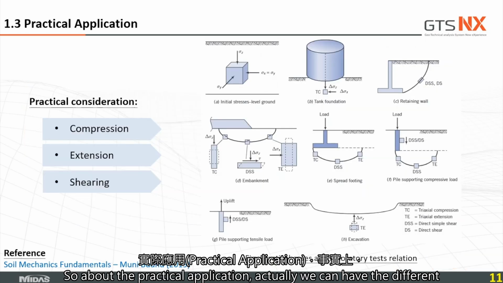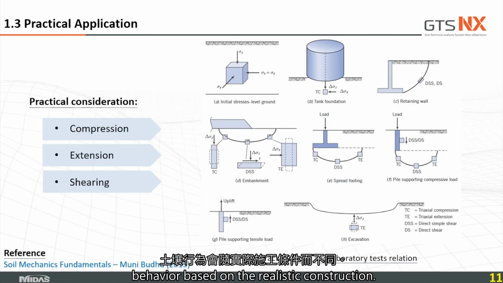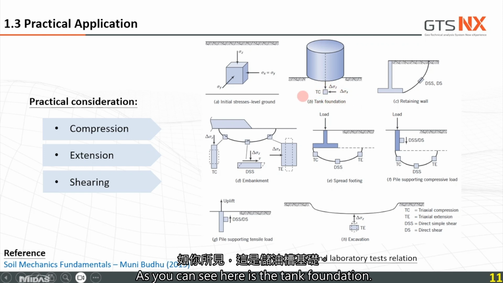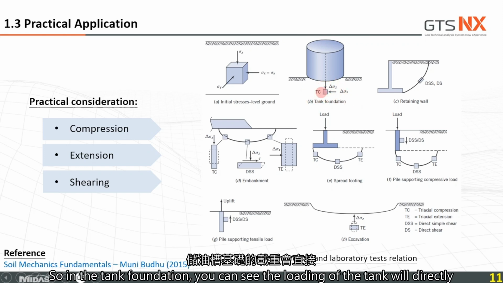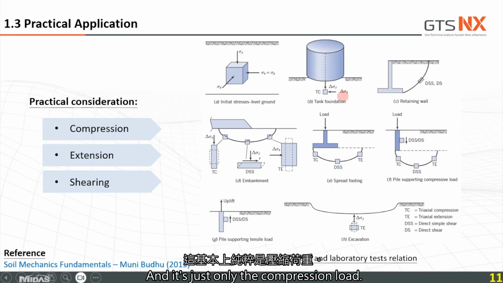About the practical application, we can have different behavior based on the realistic construction. As you can see, here is the tank foundation. In the tank foundation, the loading of the tank will directly press into the soil, and it is only the compression load.